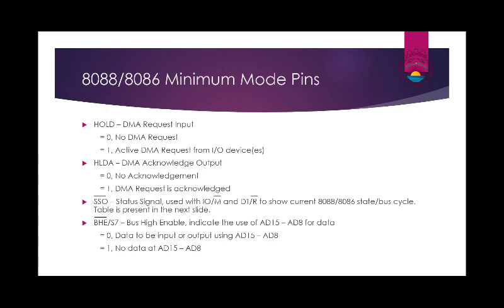So if an IO device wants to place DMA request, it will be placing logic 1 at hold input of microprocessor, and microprocessor will be giving control of the buses to the DMA controller by placing HLDA pin at logic 1. So detailed operation of hold and HLDA pins will be discussed in DMA chapter.